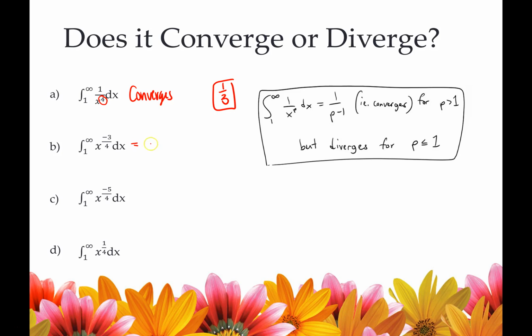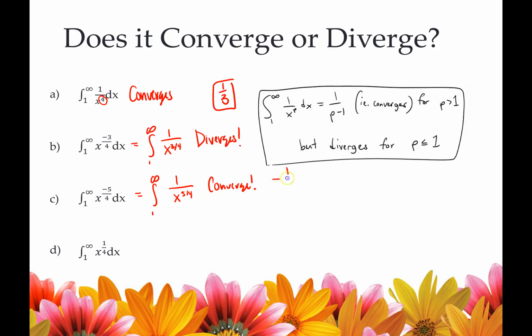Here I can rewrite this as the integral from 1 to infinity of 1 over x to the 3/4. And 3/4 is not greater than 1, so this one diverges. Okay, this one here is going to be the integral from 1 to infinity of 1 over x to the 5/4. And because 5/4 is greater than 1, this one does in fact converge.